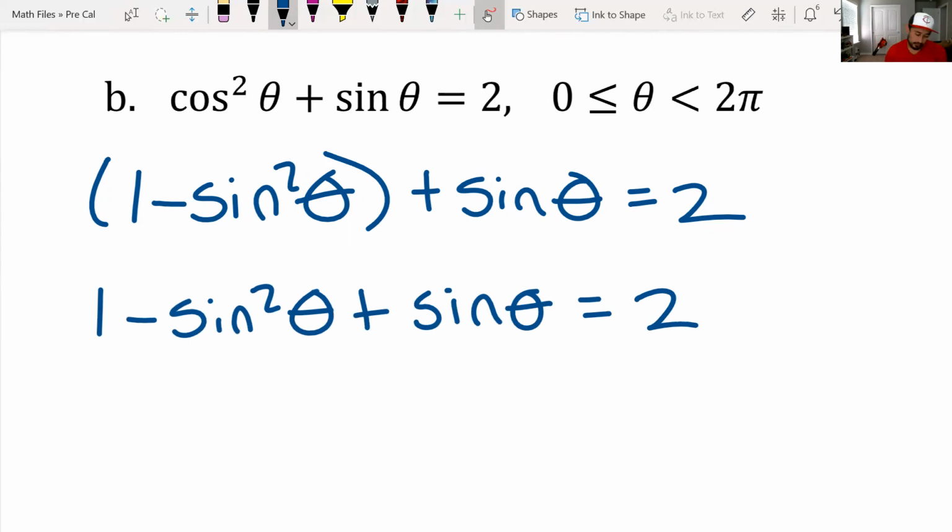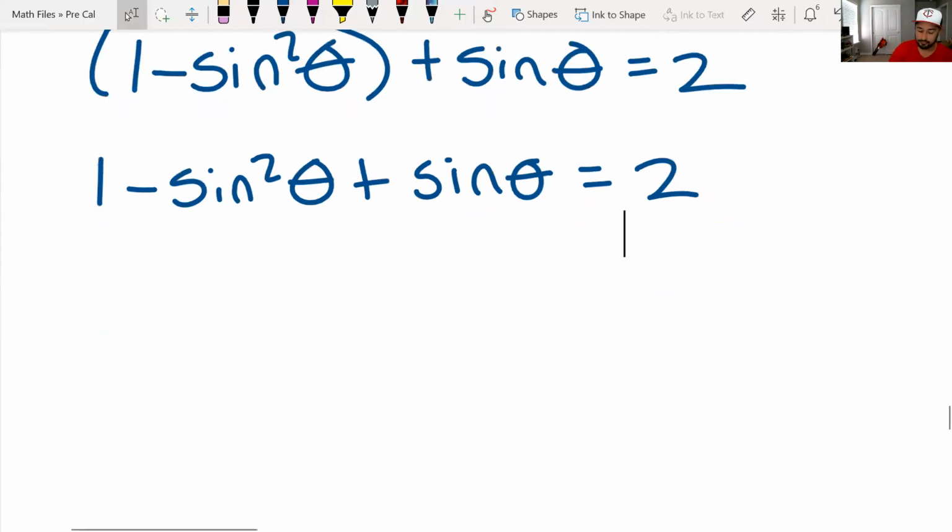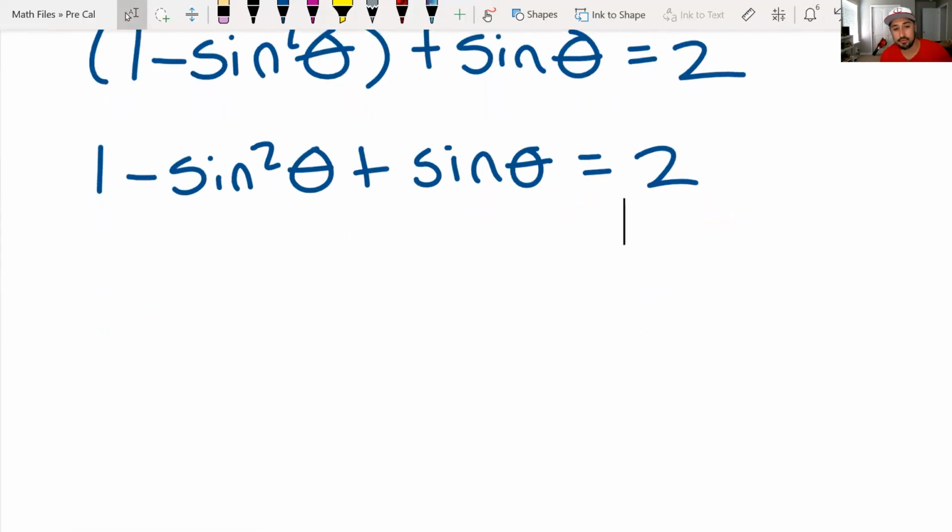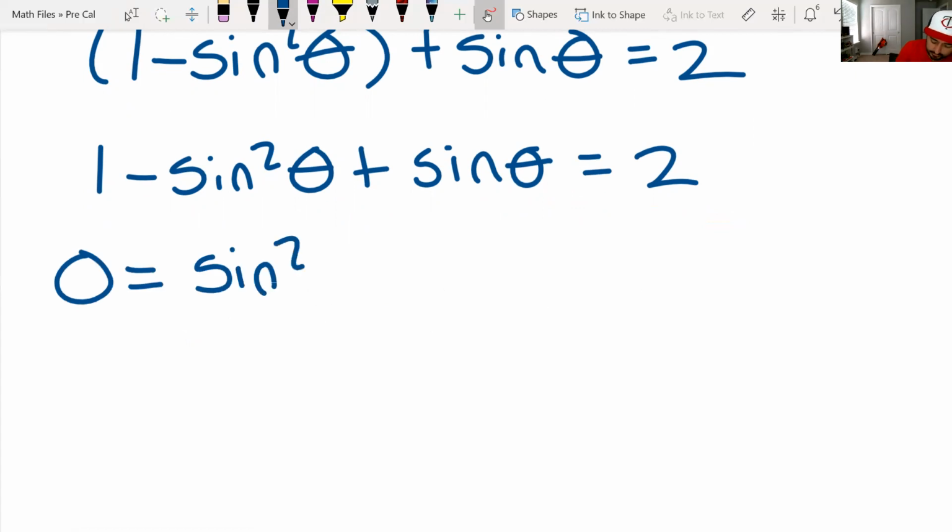I'll move everything over to the right side. I want my sine squared positive, or I could just divide everything by -1. Doesn't matter. So if I move everything over to the right, I get 0 equals positive sine squared theta minus sine theta plus 1.